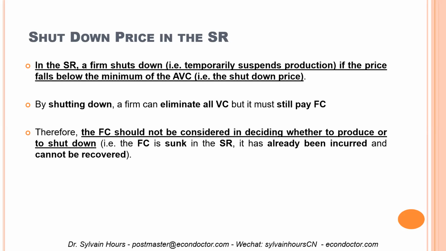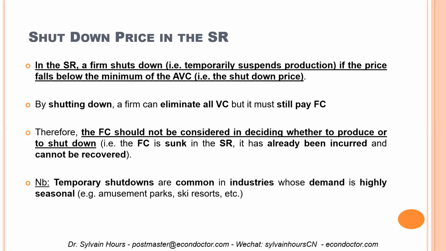We need to cover at least the variable cost and not the average total cost, because the total cost takes into account the fixed cost. But in the short run, we should ignore it when making the decision of whether to stay in business or to shut down. So this is the intuitive explanation of why the shutdown price is the minimum of the average variable cost.